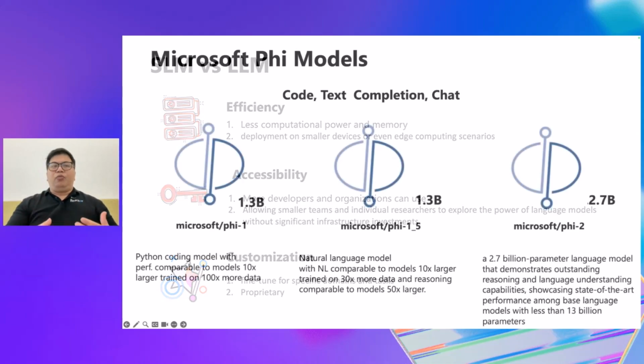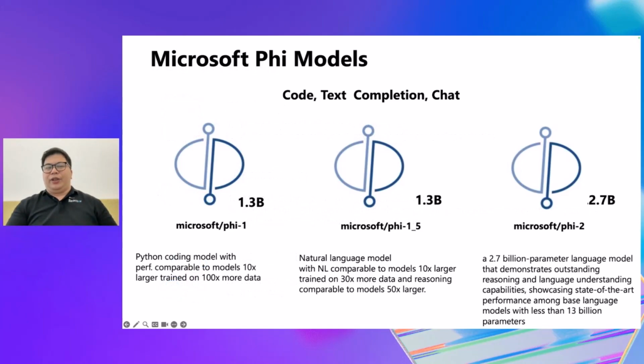But which SLM is good? We can see that Hugging Face has many SLM models. But in this session, I will introduce the Phi series models, which come from Microsoft Research.